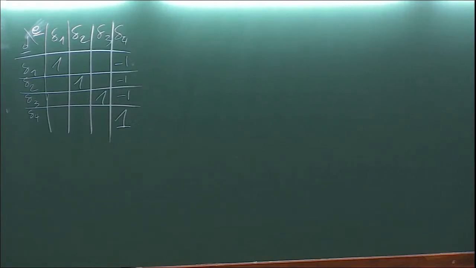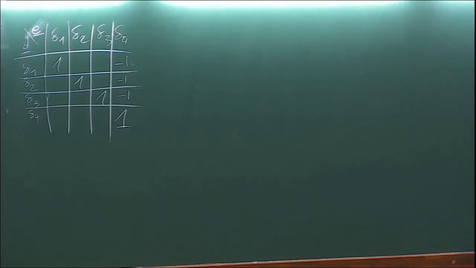So which one do I have? E equal delta 2 plus delta 4, right? Oh no, I did delta 3 plus delta 4 before, sorry. So delta 3 plus delta 4. So what do I obtain when I do delta 3 plus delta 4? I obtain x2 minus 1, x3 minus 1.